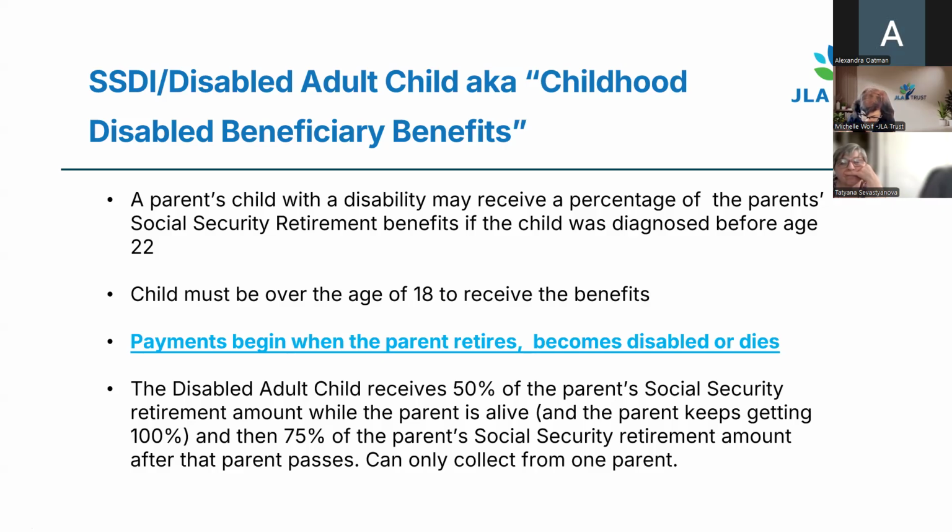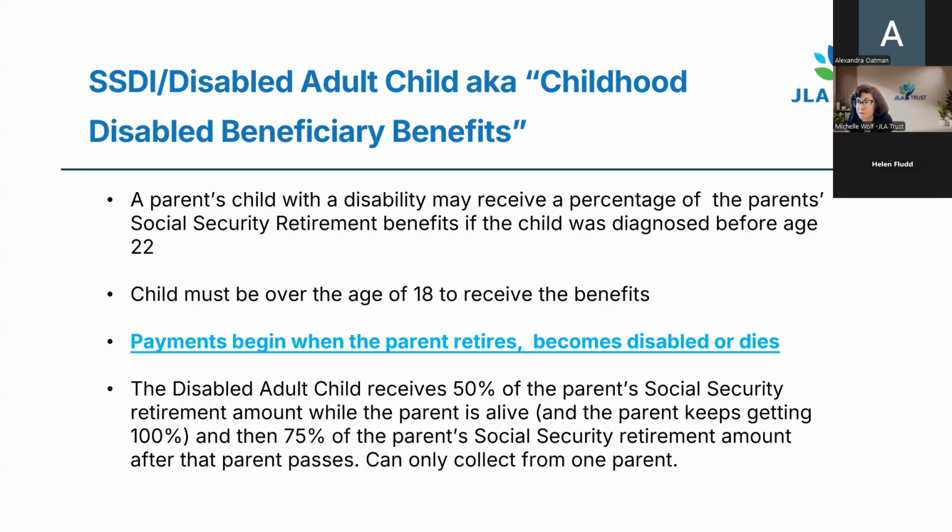So I'll give you a little example. Let's say John is the dad. John retires at age, let's say, 70. John has a daughter named Mary. Mary is, let's say, 40. And John starts getting $1,200 a month in his Social Security retirement.